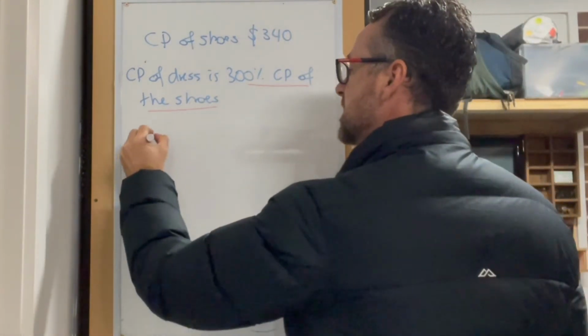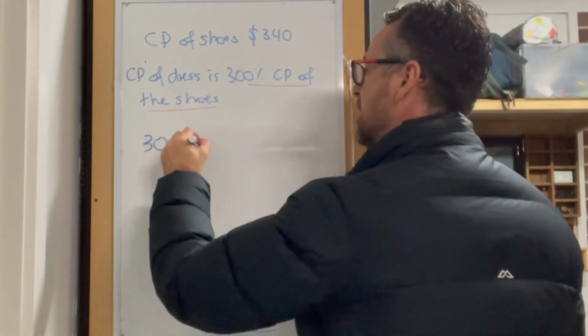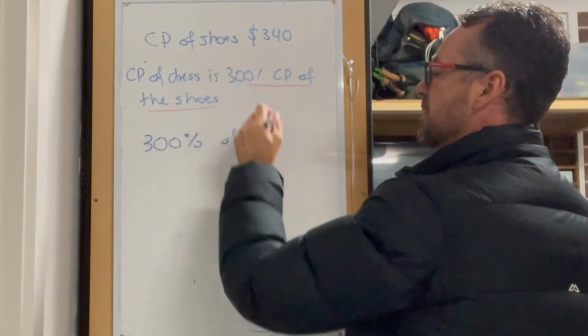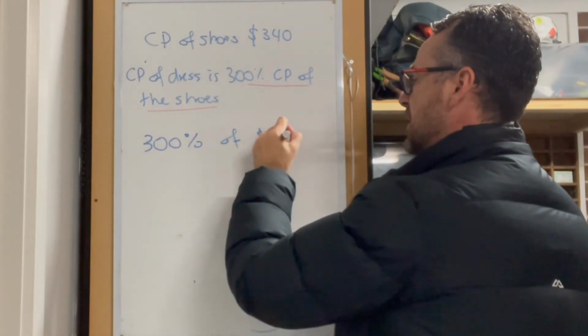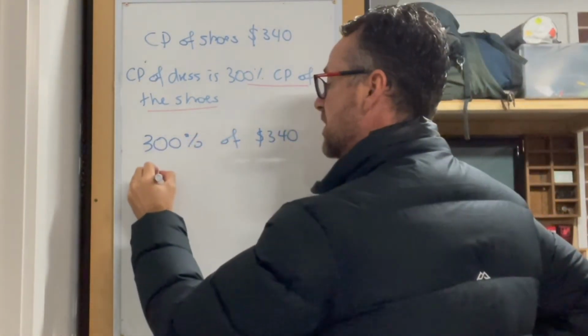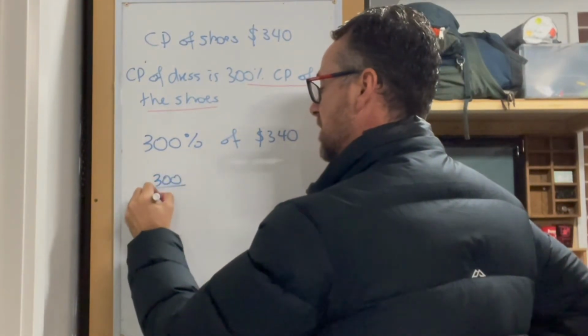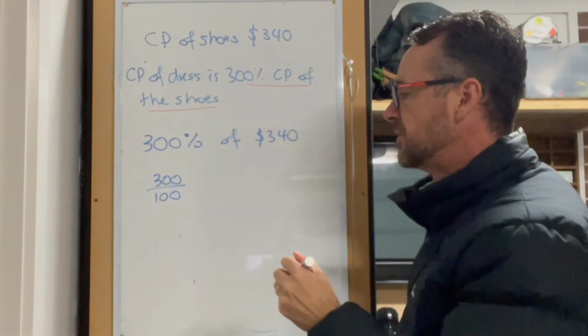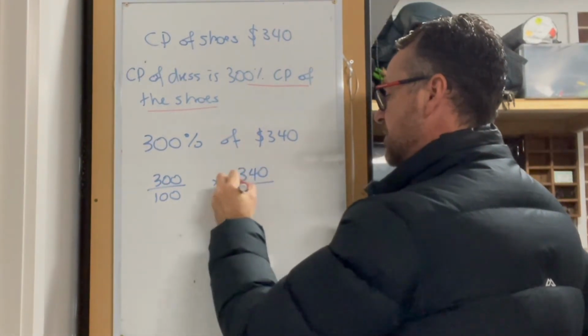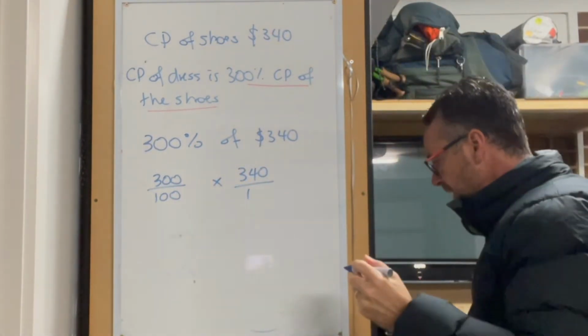So 300% of the cost price of the shoes, which we know up here is $340. So that gives you your equation, and from there it's just a case of 300% is 300 over 100, "of" is multiplication, and 340 over 1, okay?